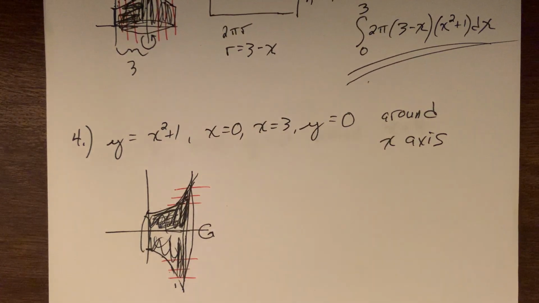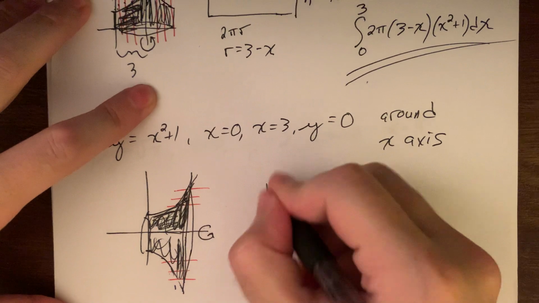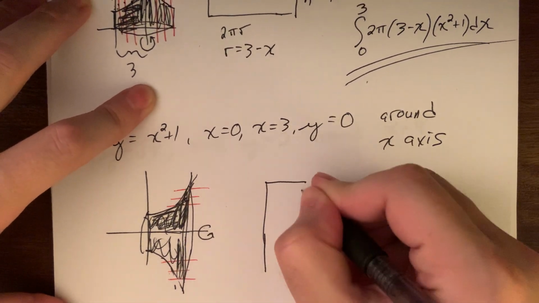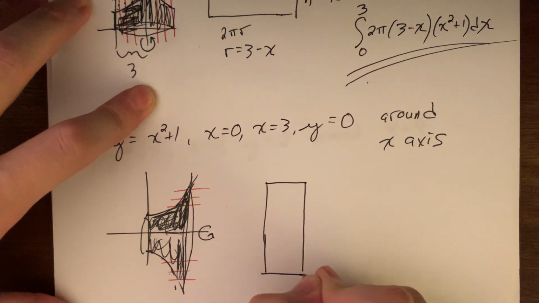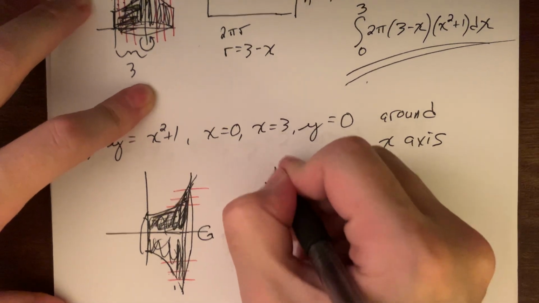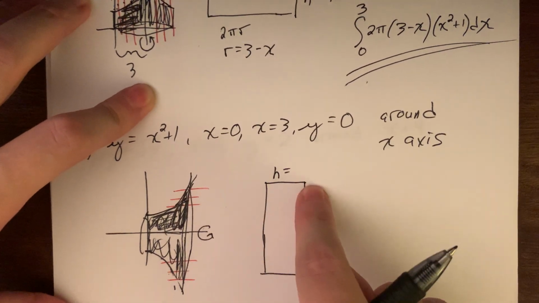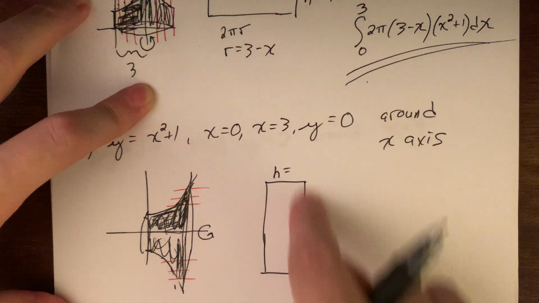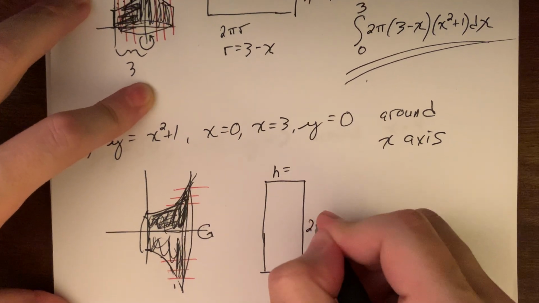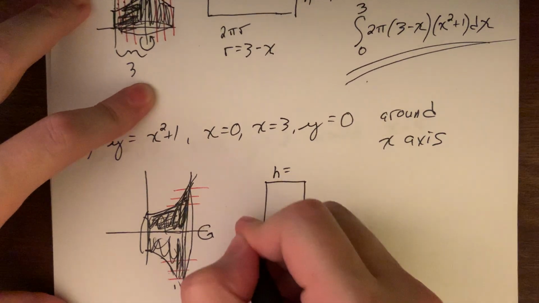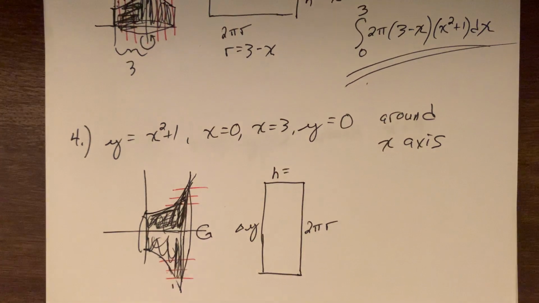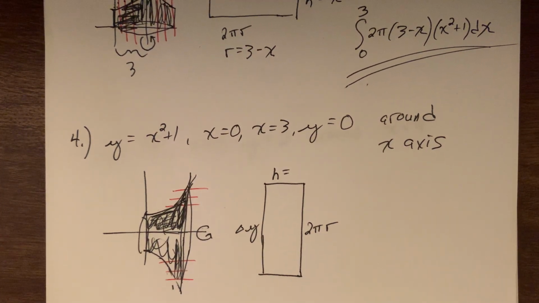And now I still get a rectangular peel, but just to realize, now in that sense, this would be the height of your peel. This would represent the base, so this would be the 2 pi r, and now we'd have delta y for our thickness. But look at all this little messiness.